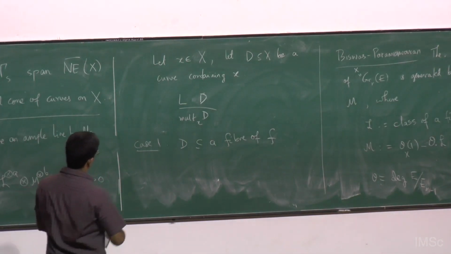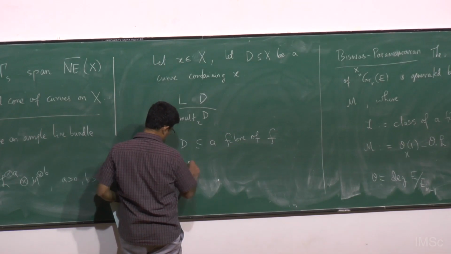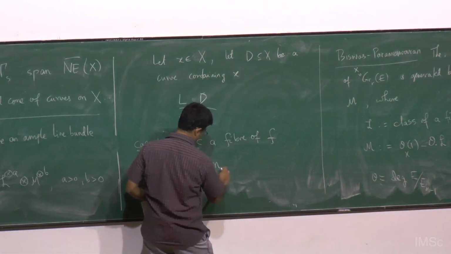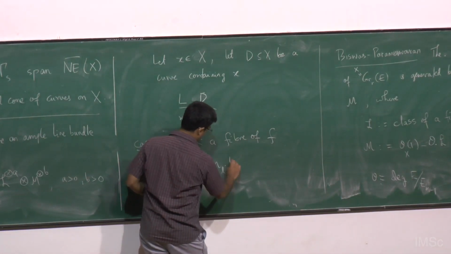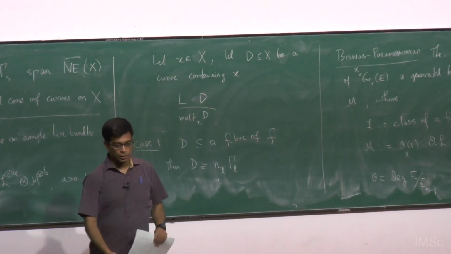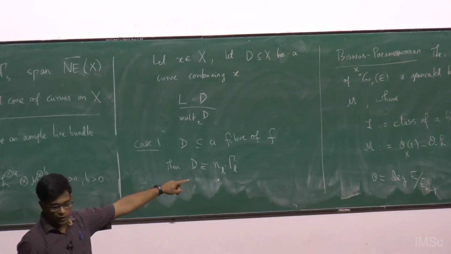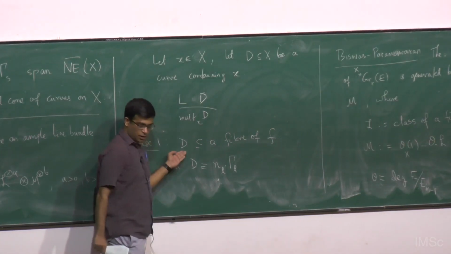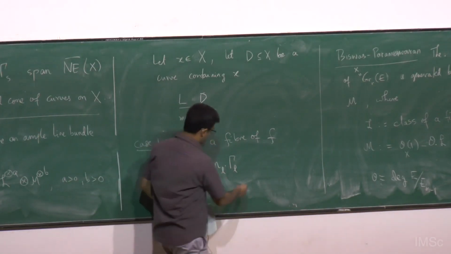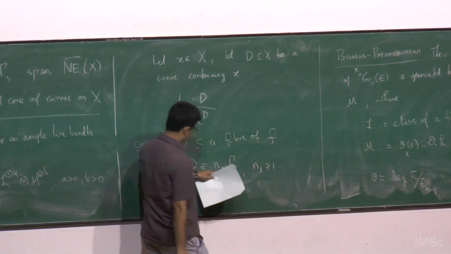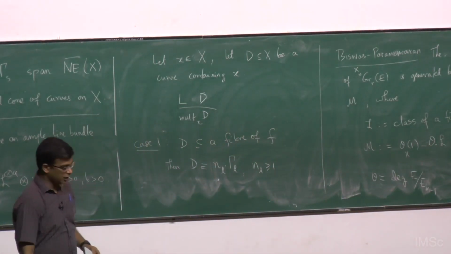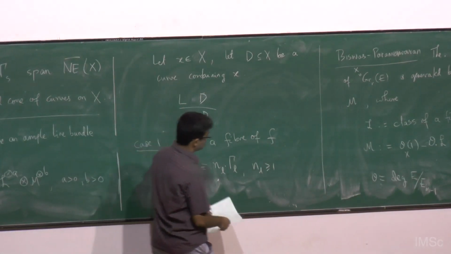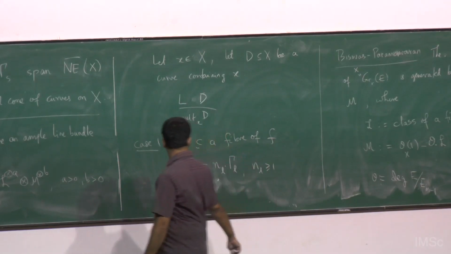So in the cone of curves, D will be written as N_L times gamma_L, because gamma_L is the class of a line in the fiber. It's a curve, so I can assume it's an actual curve, and N_L is some positive integer. This allows me to compute the intersections.